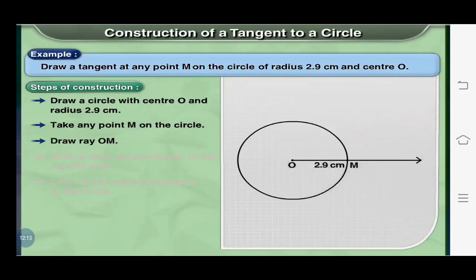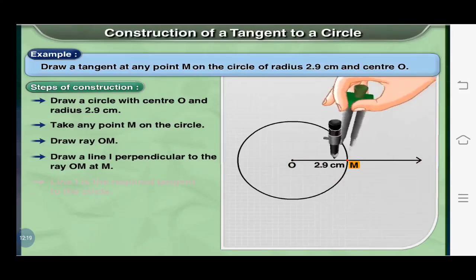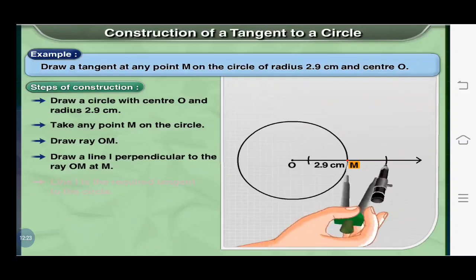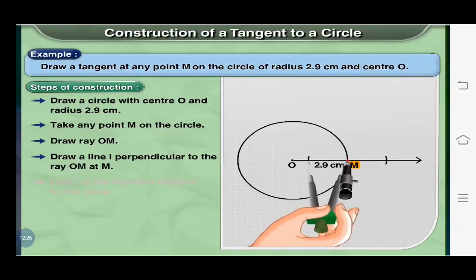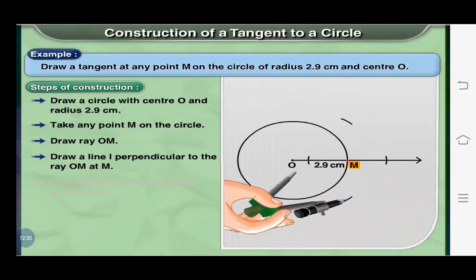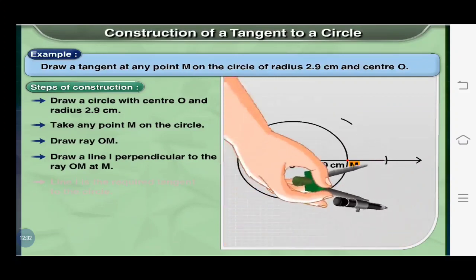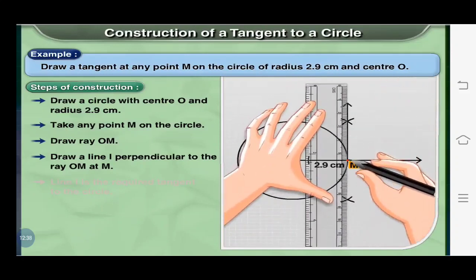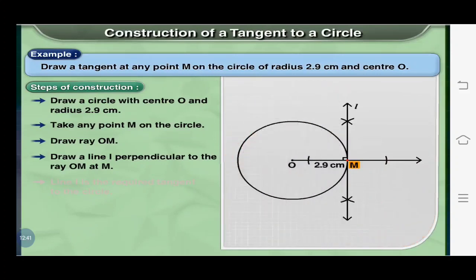Draw a line L perpendicular to the ray OM at M. Line L is the required tangent to the circle.